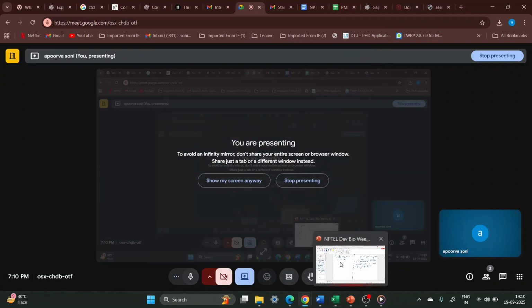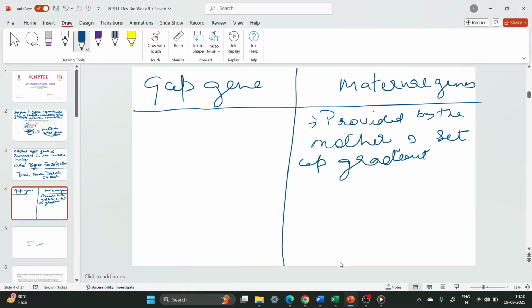Fine. And they set up the gradient. Whereas gap genes interpret those gradients.